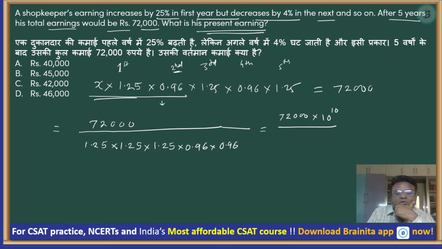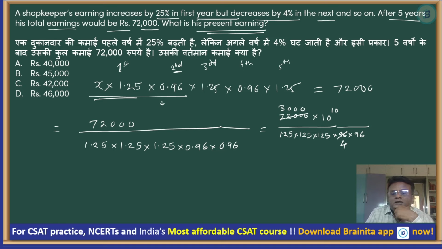So 125 into 125 into 125 into 96 into 125. Okay. Now I know that 125 times 8 is 1000. Before that, I can see that there is a factor here.